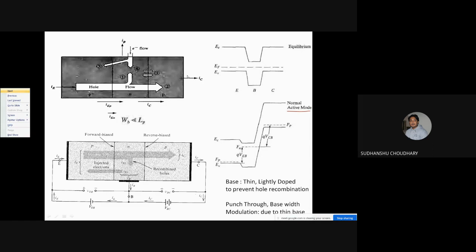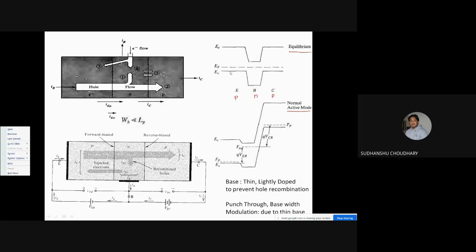The energy band diagram of the PNP transistor, this is the PNP transistor's energy band diagram, because the emitter is P type here, base is N type, and collector is also P type. When these three regions are joined together, the Fermi level is aligned straight at equilibrium. Throughout the device the Fermi level is straight, no discontinuities.